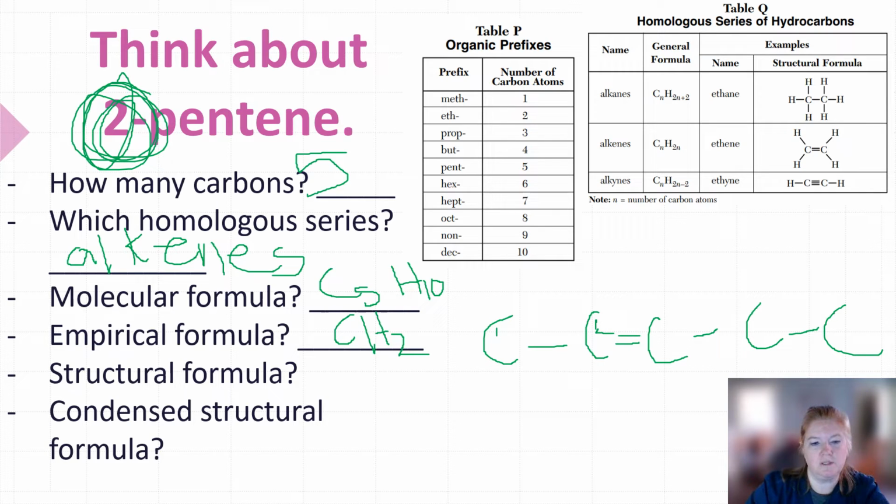All right, let's just erase those 1s and 2s. Now we put the hydrogens. Every carbon needs to have 4 bonds. So we put the lines for the hydrogens. 1, 2, 3, 4, and so on for each carbon.